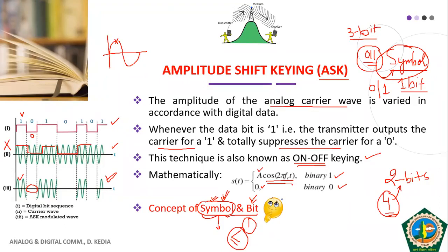The disadvantage associated with AM was that its noise immunity was lesser. Similarly in ASK, the noise immunity is not good as compared to FSK and PSK. But ASK is simpler as compared to FSK and PSK. That analogy exists whenever we talk about amplitude-based modulation techniques.